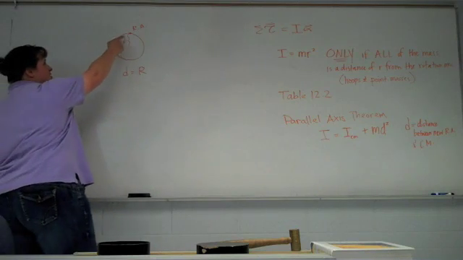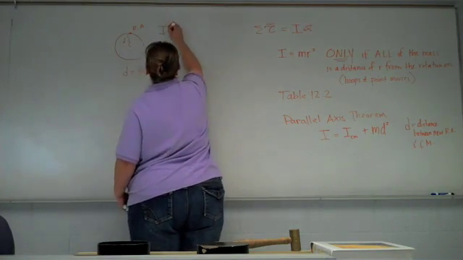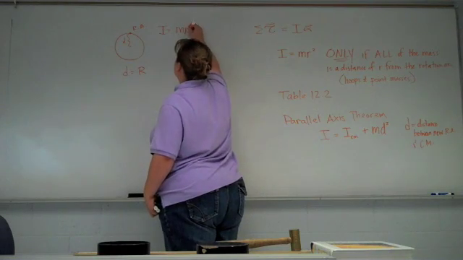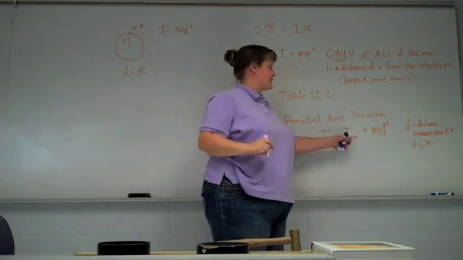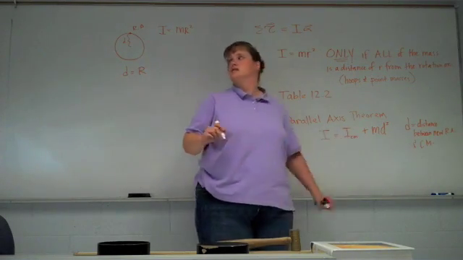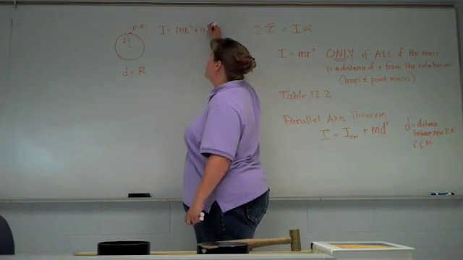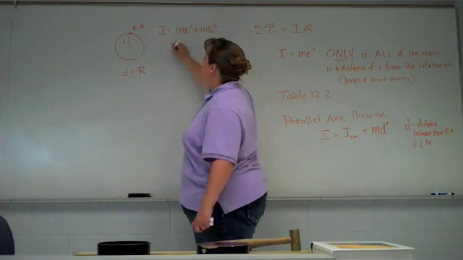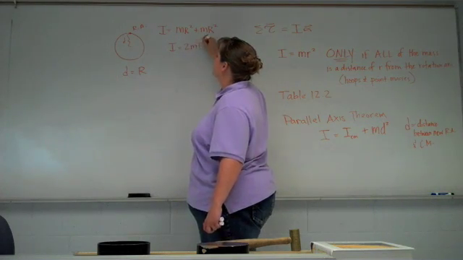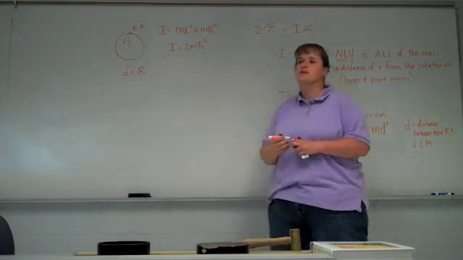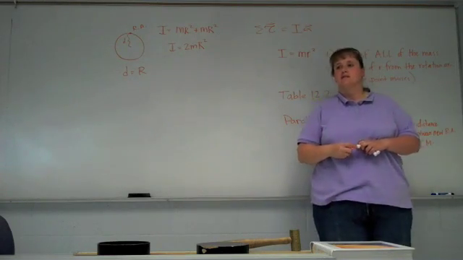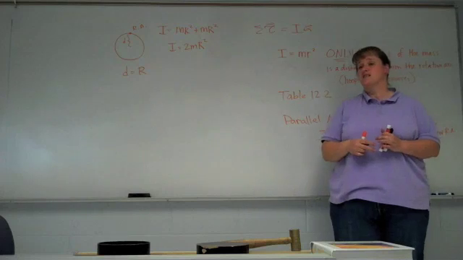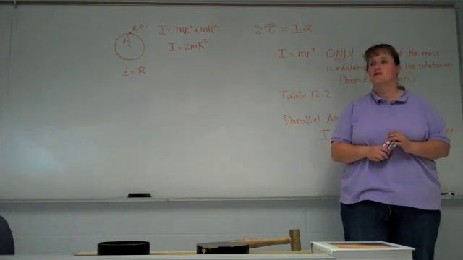So the moment of inertia about that point would be mr squared, which is the one through the center of mass, plus md squared, but d is r in this case. So I, in this particular example, would be 2mr squared. Twice as big, actually, than it was before.